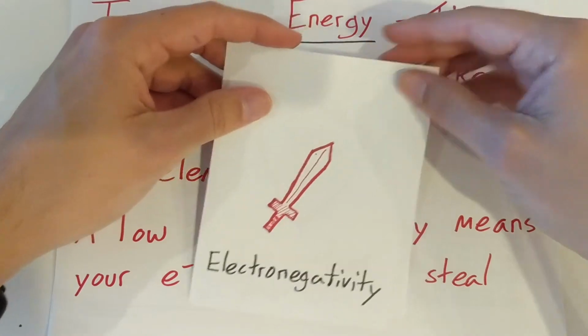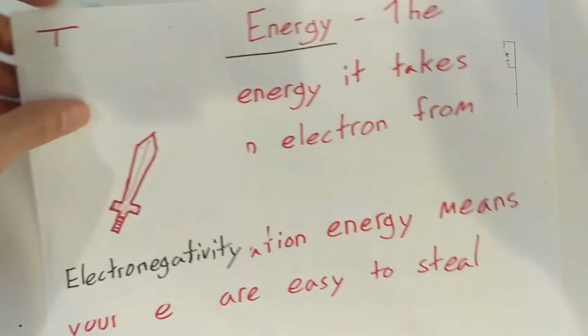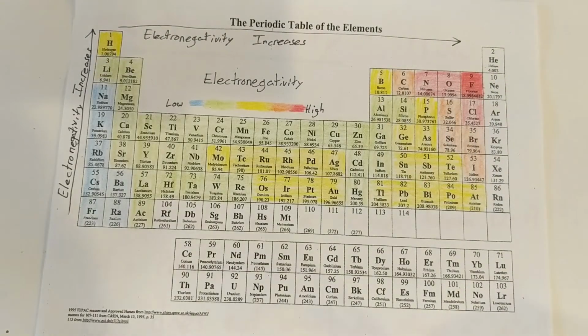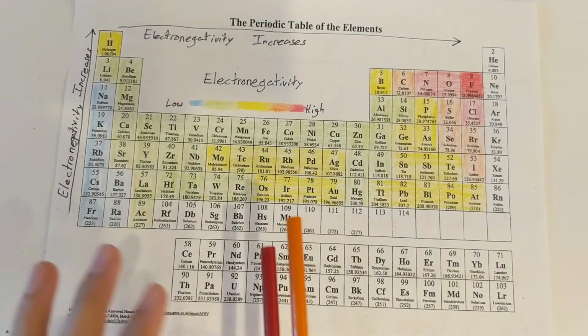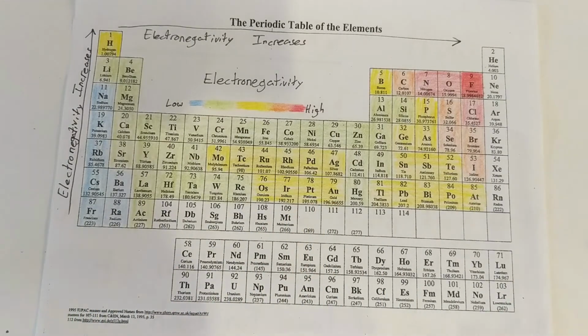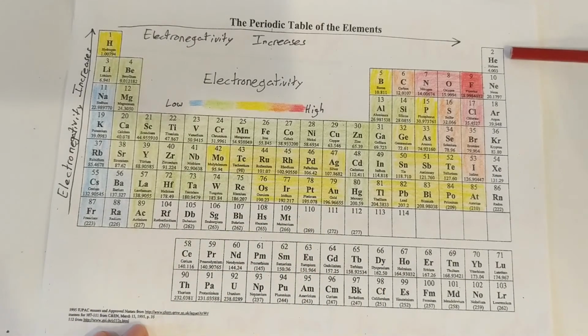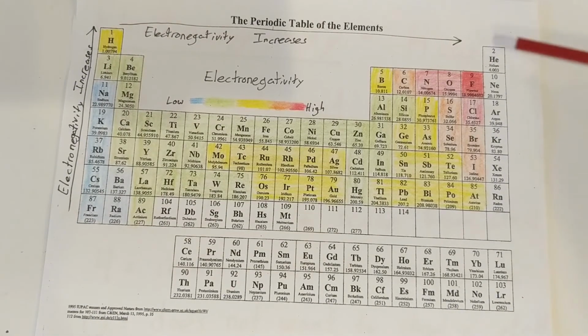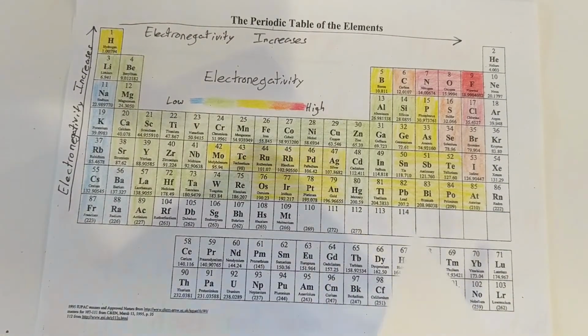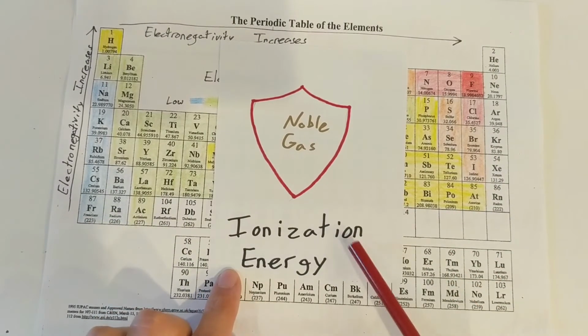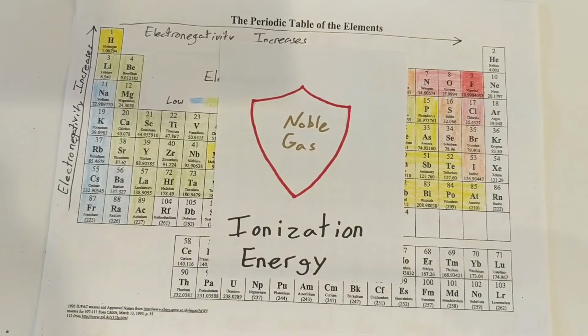So if we take a look at the periodic table, the main difference that we're going to see between electronegativity and ionization energy is that now our noble gases are already happy. They're going to have a really, really high ionization energy because they have all those valence electrons. They're going to want to defend them.